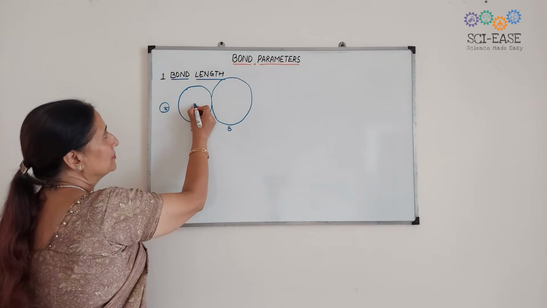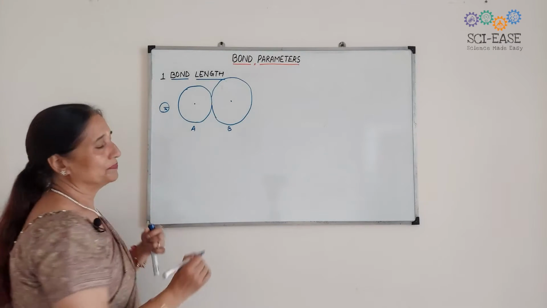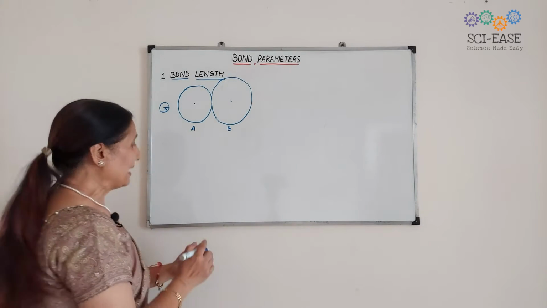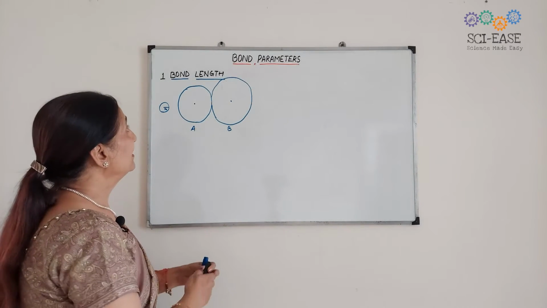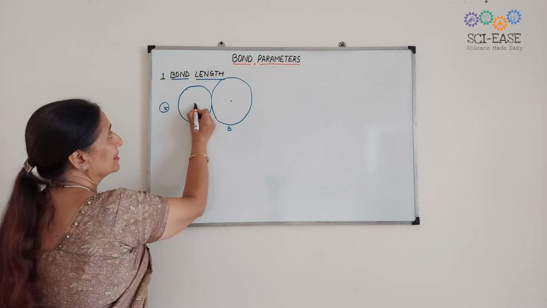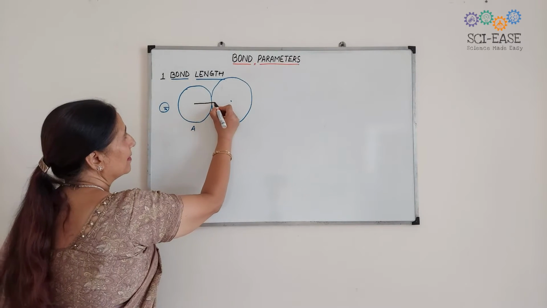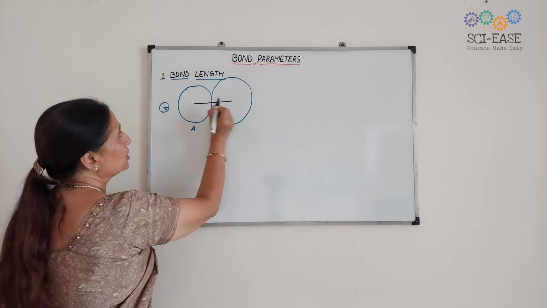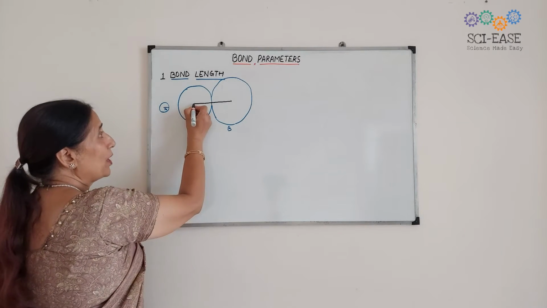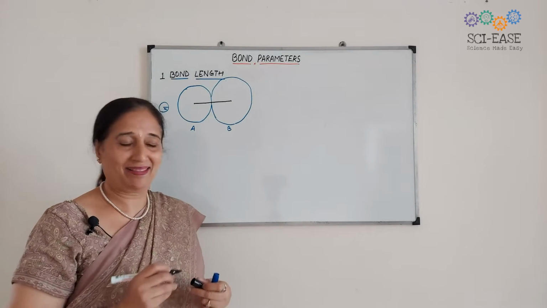Mark the center of both these circles. So, what is bond length? When we join these 2 points, the length between this point and this point is known as the bond length.